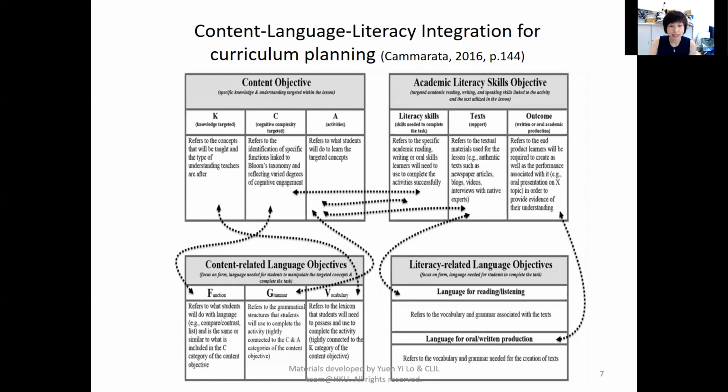For content-related language objectives, they refer to the functions that students perform with language, some grammatical structures, and vocabulary items. And for the literacy-related language objectives, they include the language involved in reading, listening, writing, and speaking. The arrows in the framework show that these sets of objectives are interrelated.